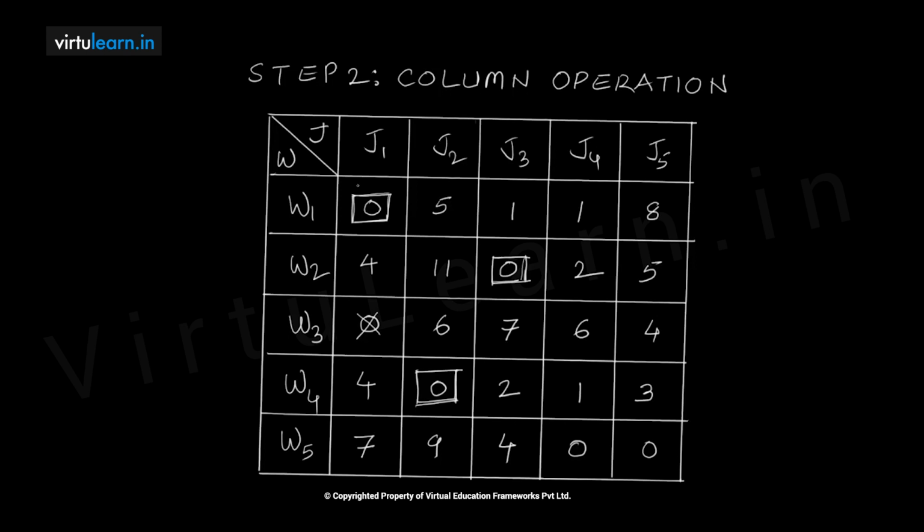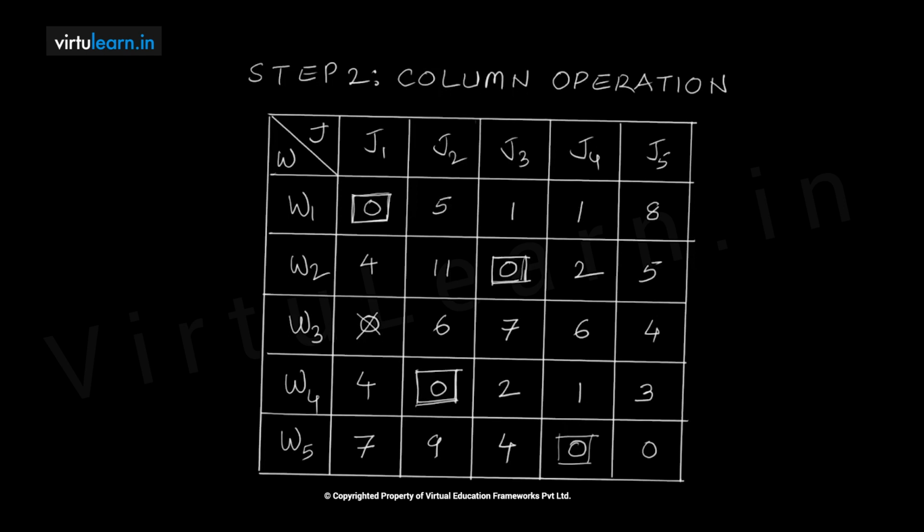Now we proceed column wise. First we check for single zero columns. There we have to make allocation. First column is over. In the second column, the zero was already allocated. In the third column, the zero was also allocated. And in the fourth column, J4, we have one single zero, so we will make allocation here.